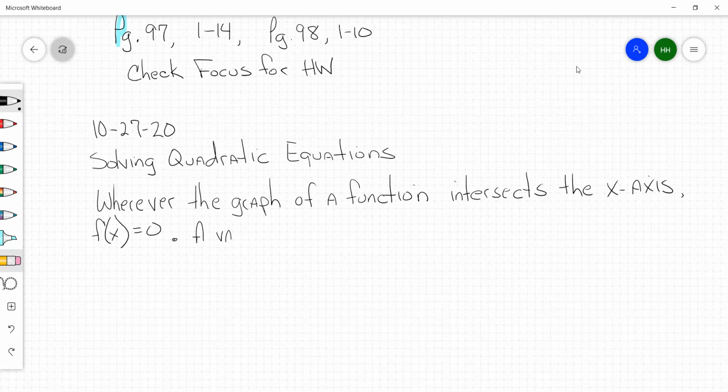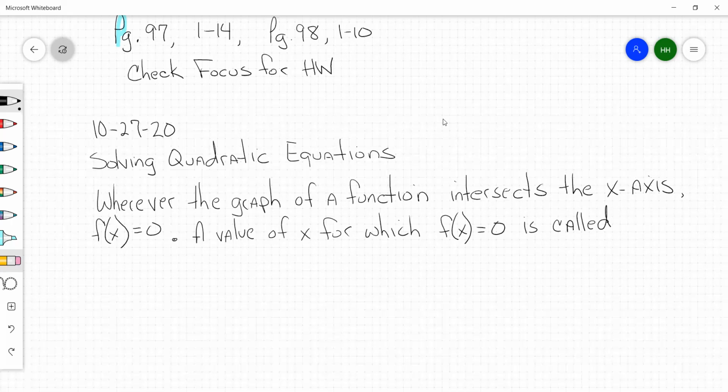A value of x for which f of x is 0 is called a 0 of the function.